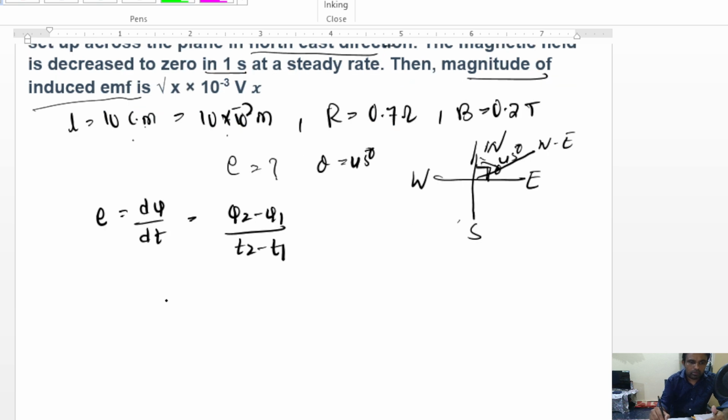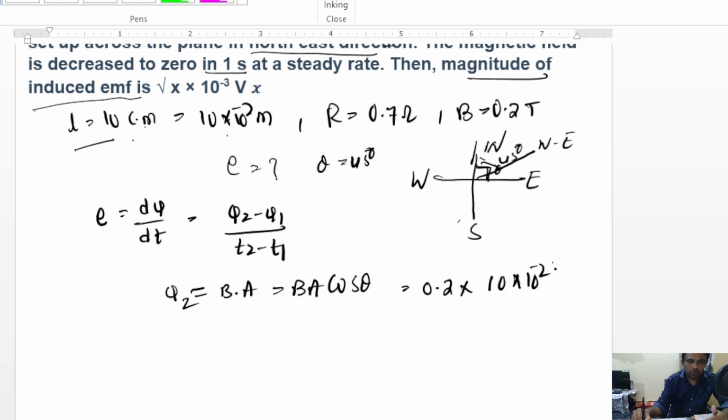So we know the formula phi is equal to B dot A, so B A cos theta, phi 2. So B value is given 0.2. A value is not given, but area is equal to side squared. So 10 into 10 to the power of minus 2 whole square into cos 45. So 0.2 into 10 to the power of minus 1 whole square into 1 by root 2.